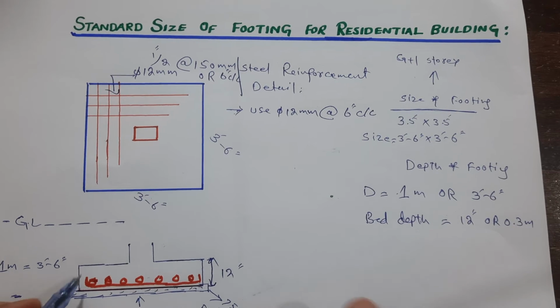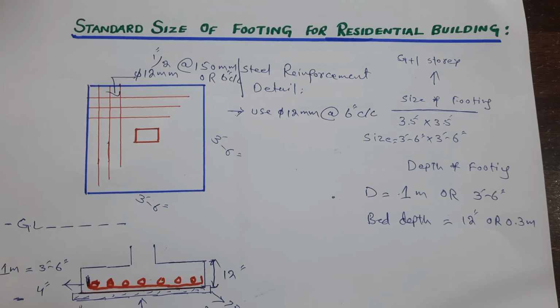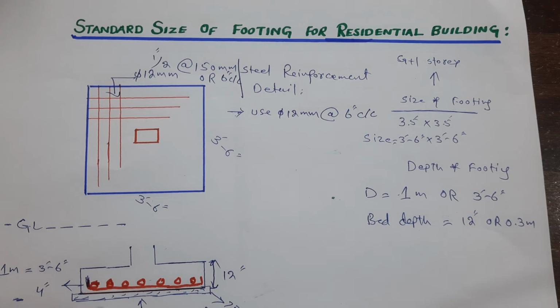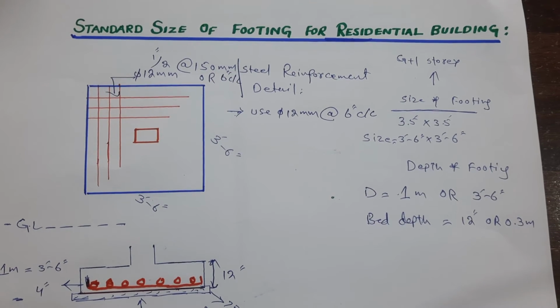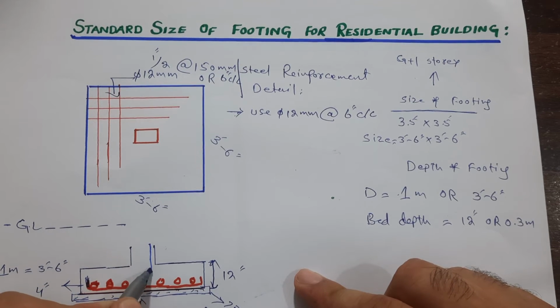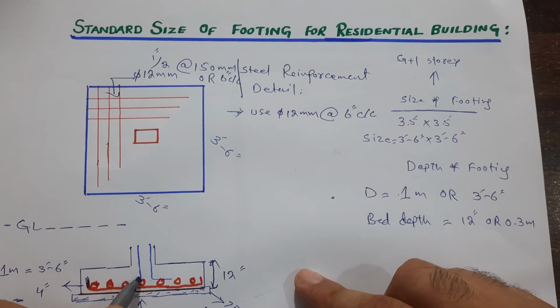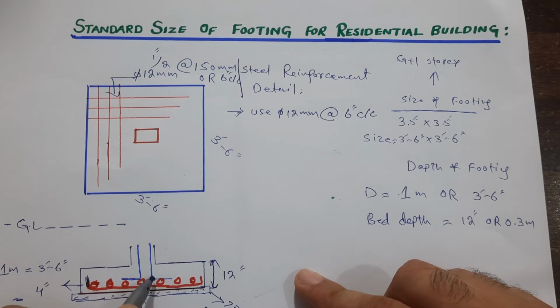Next guys, these hooks which you can see here, these hooks should not be less than 4 inches, 0.9D you can use also. On the top of this we are providing the column, here guys you can see. The column is placed same like this. Look at here.